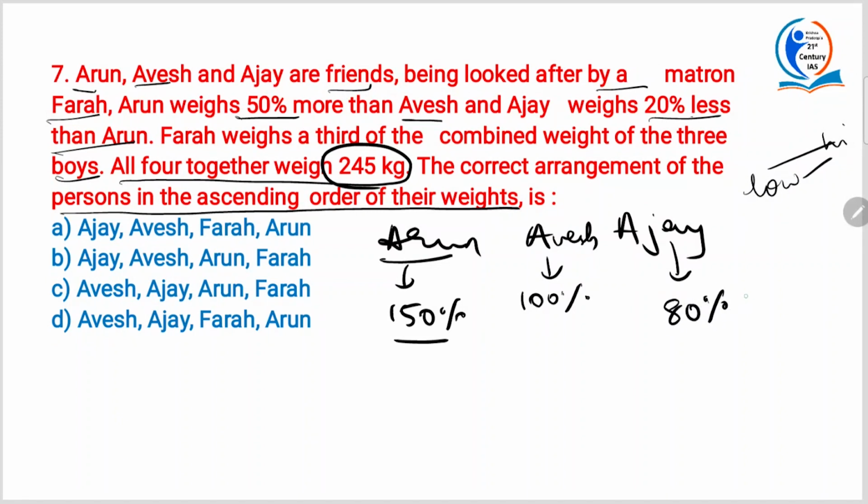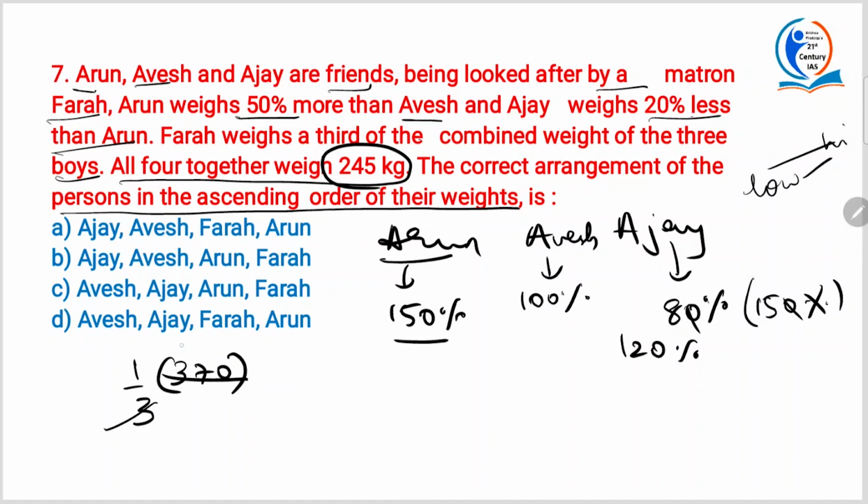So 80% of 150%: the 1% and 2 zeros are gone and 15 eights are 120. So this fellow is 120% of some number. Farah weighs a third of the combined weight of these 3 boys. A third is 1/3. So 1/3 of 150 plus 100 plus 120. How much is it? It is 370.